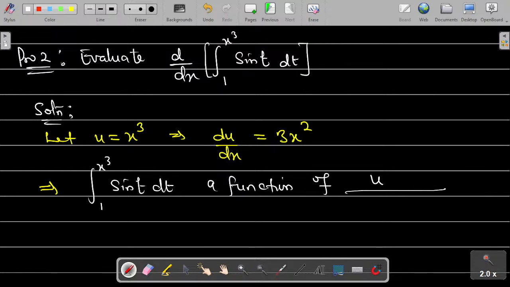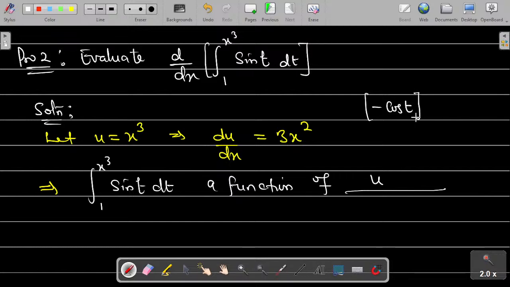Why is it so? Let's look at it. If we integrate this, we have the integral from 1 to x cubed. If we integrate sine t with respect to t, we get minus cos t.